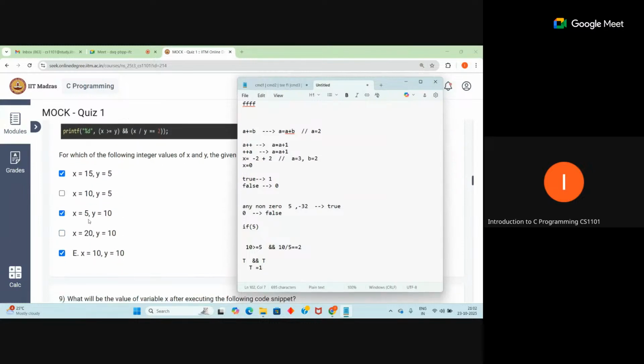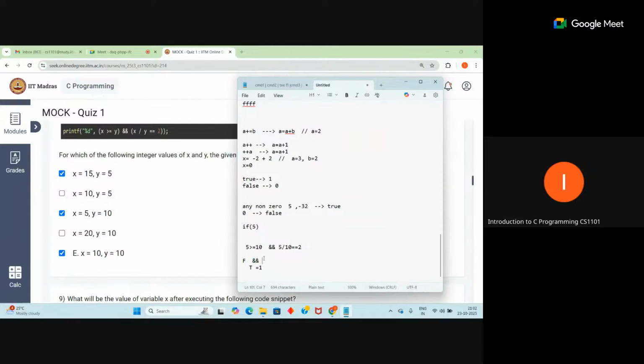So next one, 5 and 10. 5 greater than or equal to 10 and 5 by 10. Now 5 greater than or equal to 10 itself is false. So when the first condition is false, it won't check the second at all.